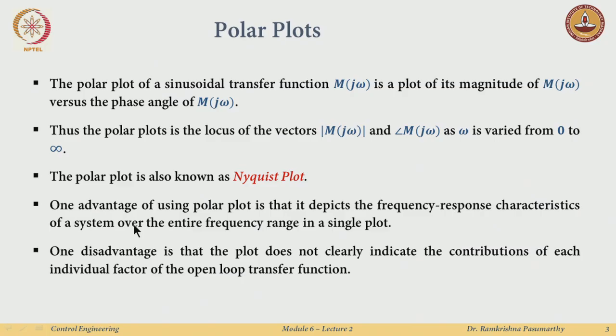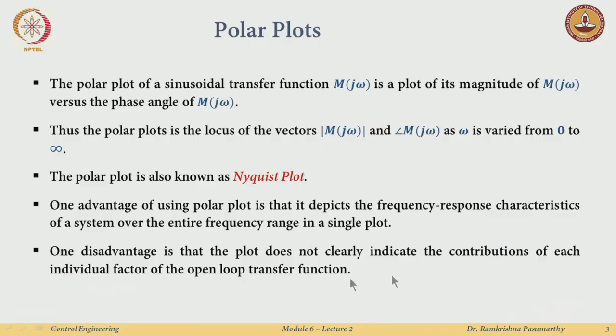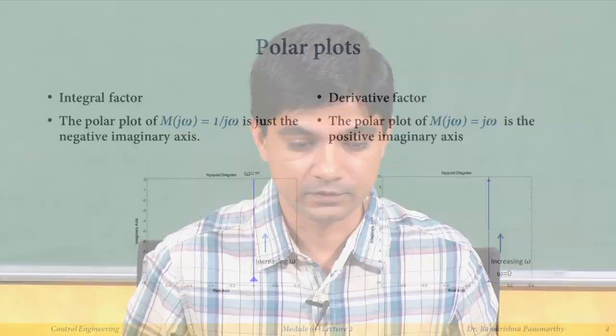Just one graph will tell me what happens from 0 frequency till infinity. But then I really wouldn't know the contributions of each of the individual factors of the open loop transfer function. I just look at everything as one single block and one single graph. Nevertheless, there are still lots of nice things which we could do.